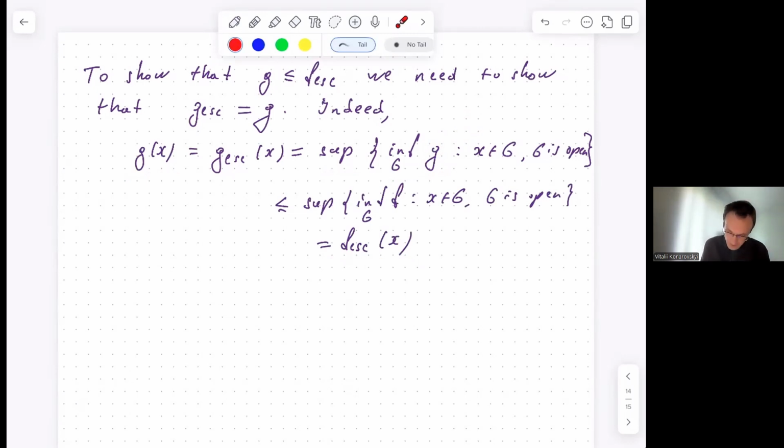Therefore, we will focus on the proof of this. First of all, we note that g lower semi-continuous regularization is less or equal than the function g.